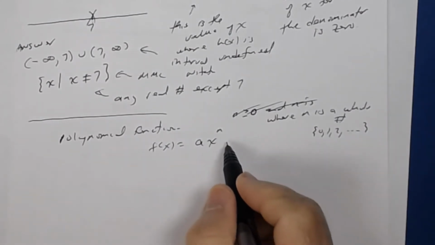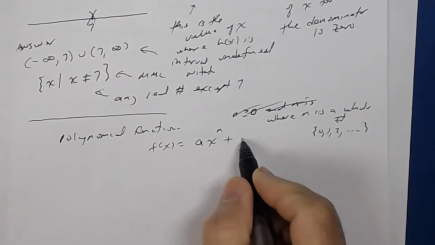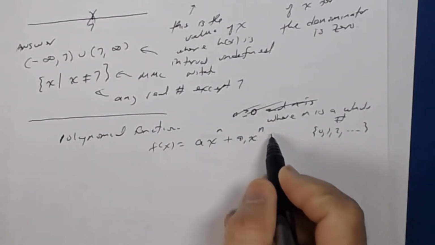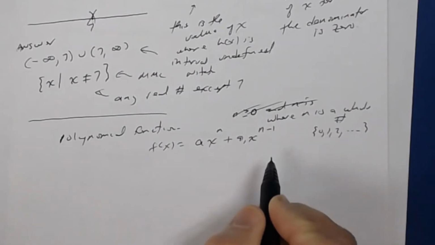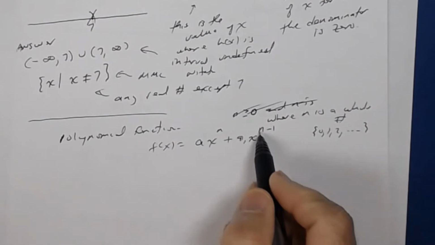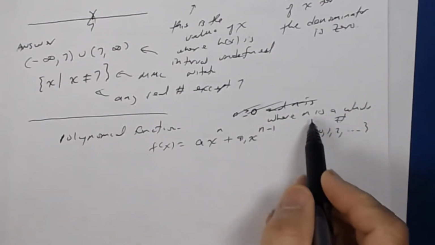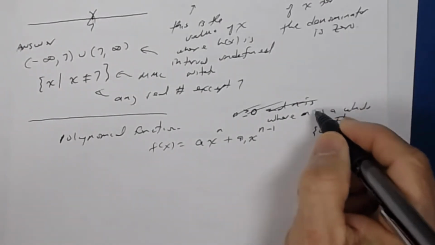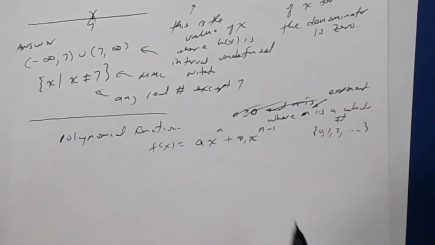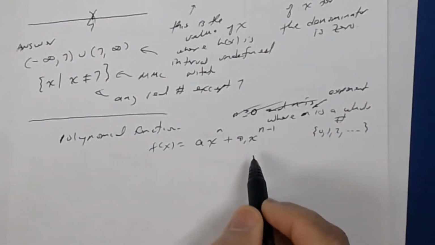So you could have plus a1 x to the n minus 1. Now be careful. Where the exponent is a whole number. All right, so your exponent has to be a whole number.